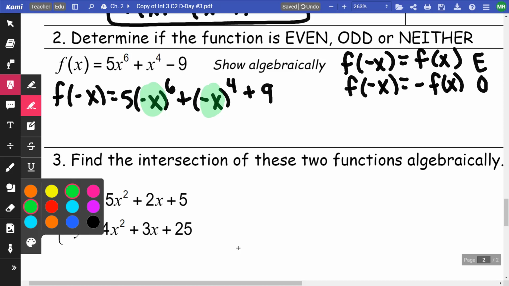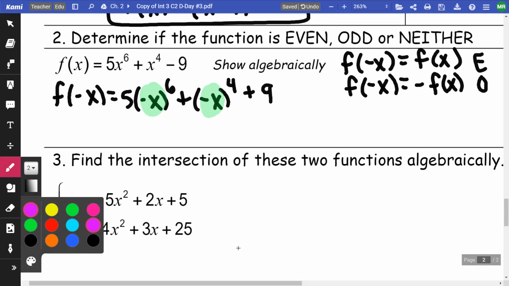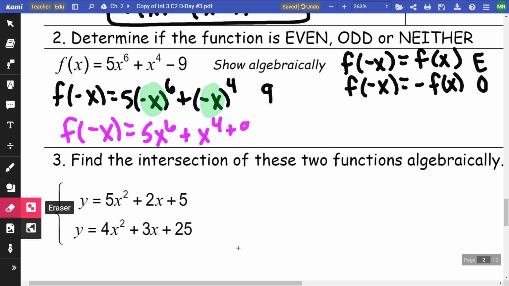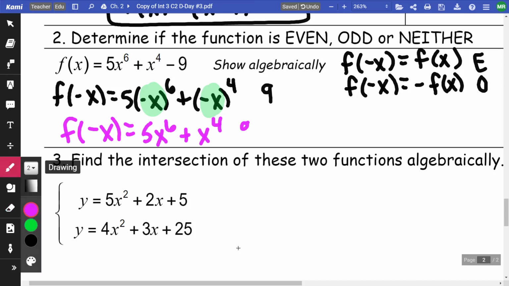So when I work this out, f of negative x is equal to, now a negative x to the 6th power is x to the 6th, so this is going to be 5x to the 6th. And a negative x to the 4th power is going to be a positive x to the 4th. Sorry, that was a minus 9. It was a minus 9 in the problem, so the minus 9 stays a minus 9.